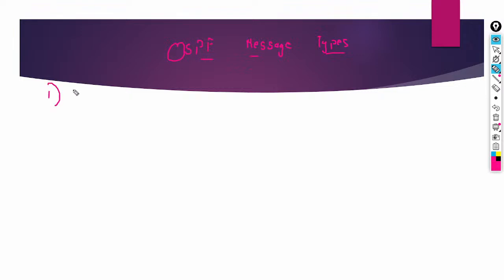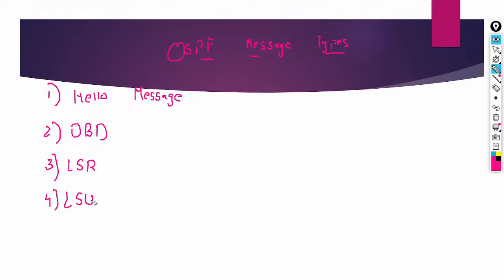First of all, the message is the hello message, and the second message is the database description, in short DBD. The third is LSR, the link state request. The fourth one is LSU, the link state update. And the fifth one is LS acknowledgement, the link state acknowledgement.